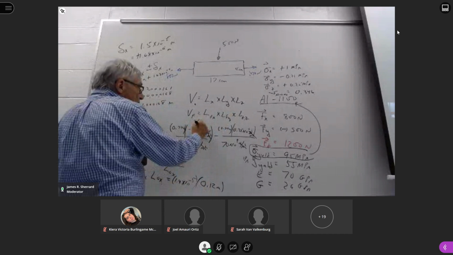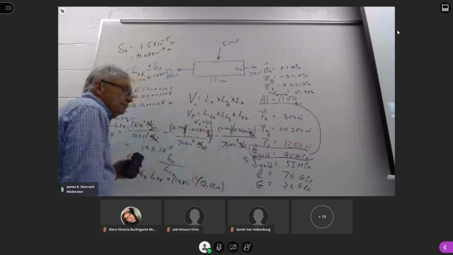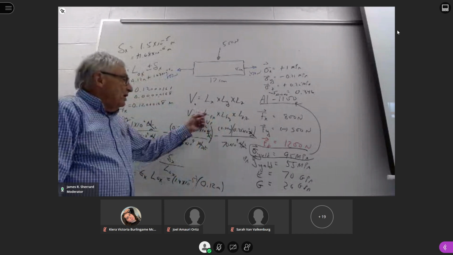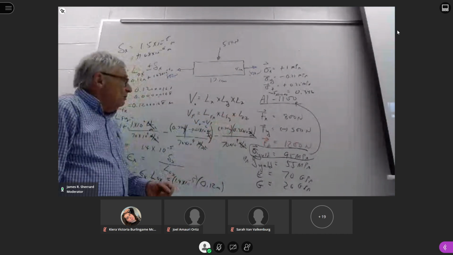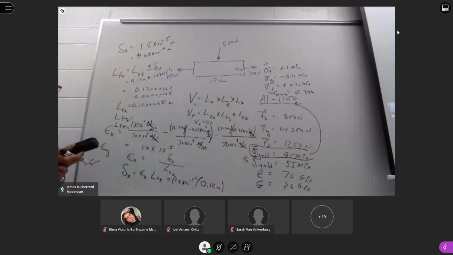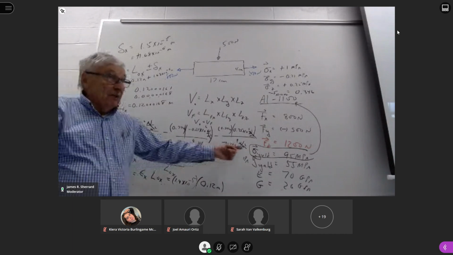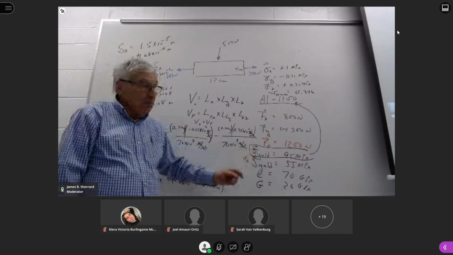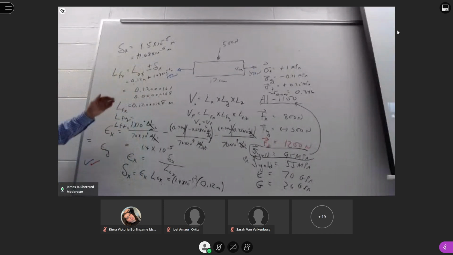And we also know that the original volume has to equal the final volume. So if you find your values and multiply those three together, they better come up with the same value you had when you multiplied those original values together. So we now have a method of looking at three-dimensional loading to look at safety for our system, as well as finding out final dimensions of our system.